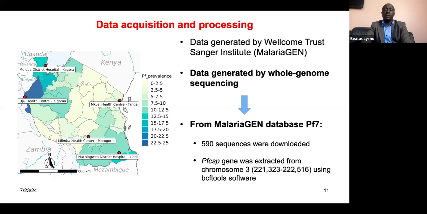The DNA was extracted and shipped to Sanger, and the whole genomes were generated and deposited into the malaria gene database. From this database, we downloaded the whole genome sequence data, and we had good sequences of about 590 samples.